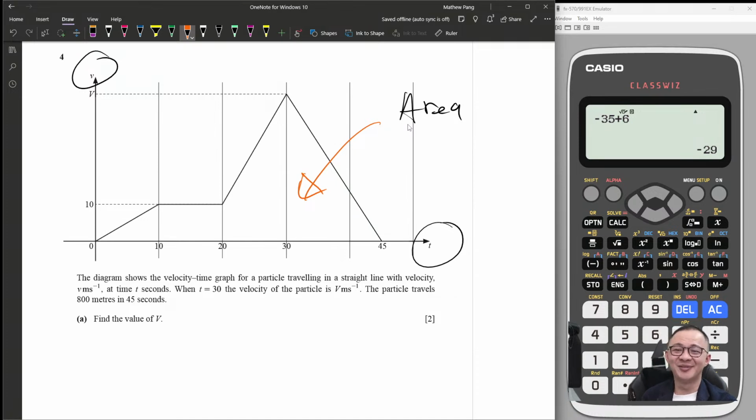Any student know what the meaning of area is for a velocity-time graph? Basically, the area will be distance.